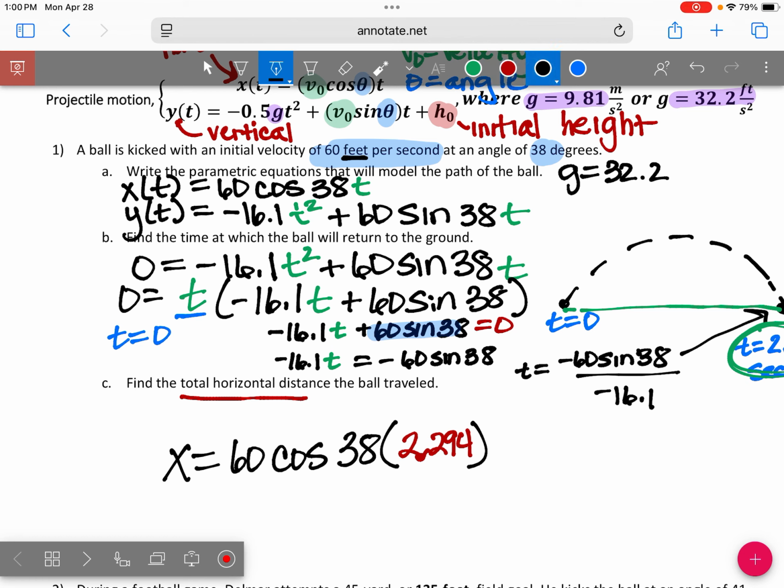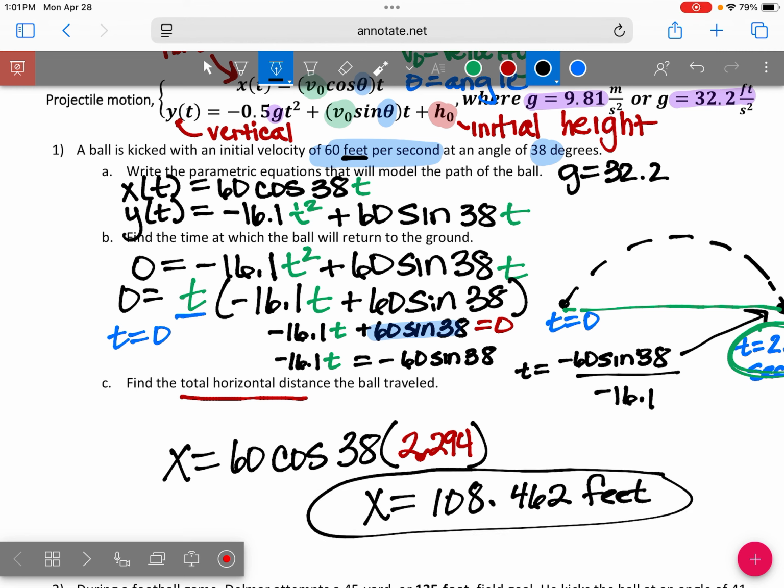Everything is to the thousandths place. And you should get 108.462 feet.